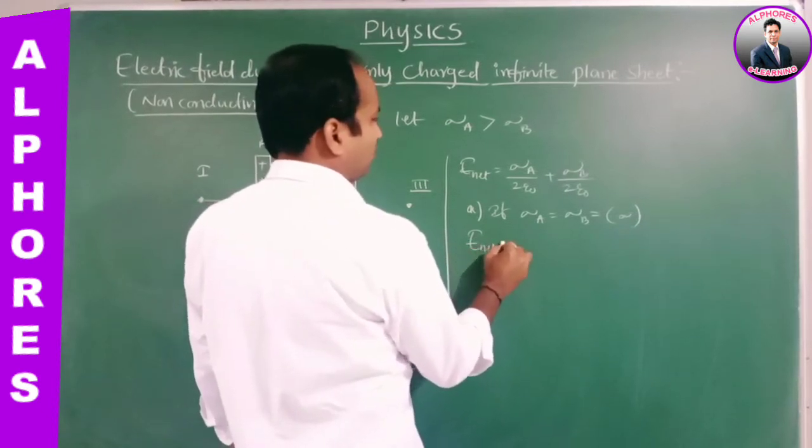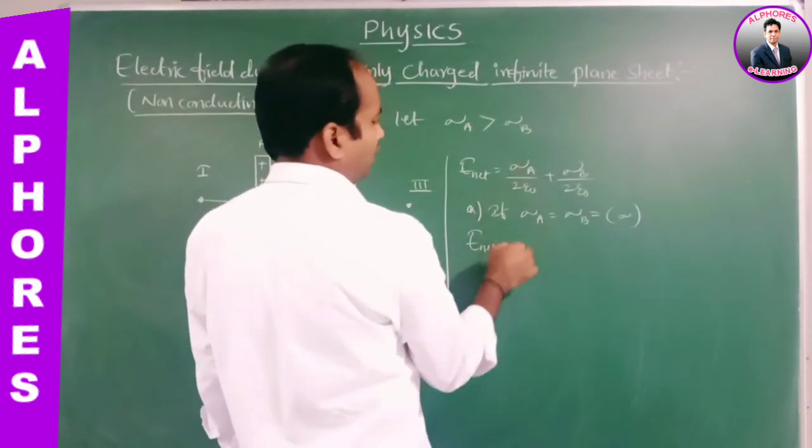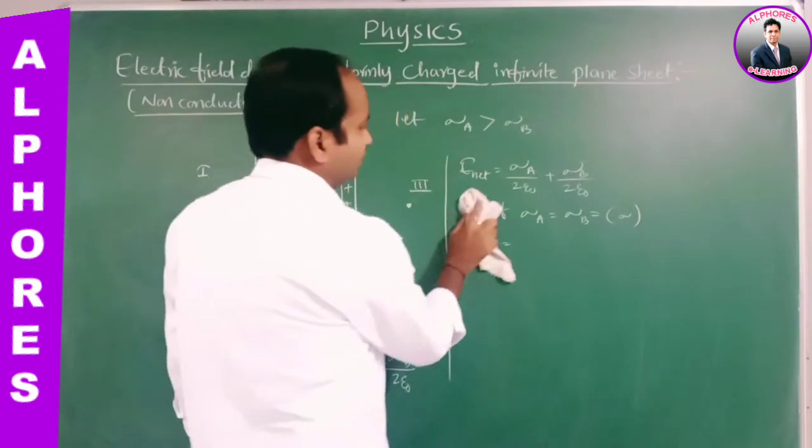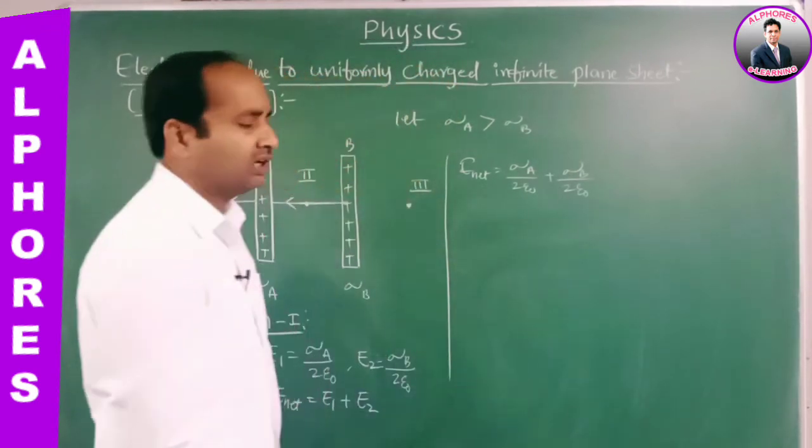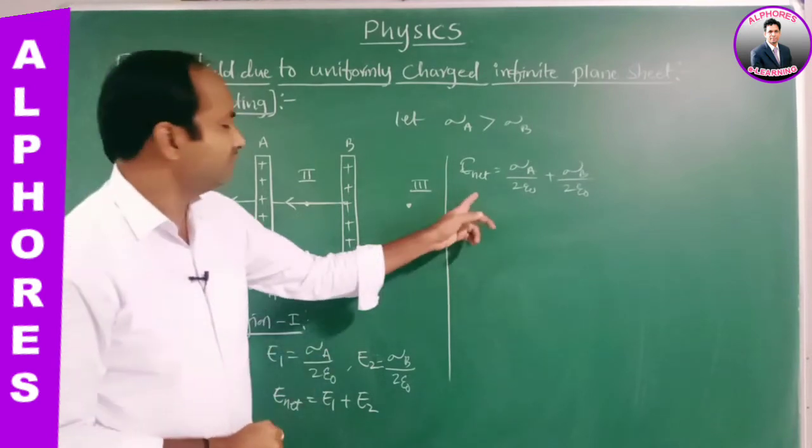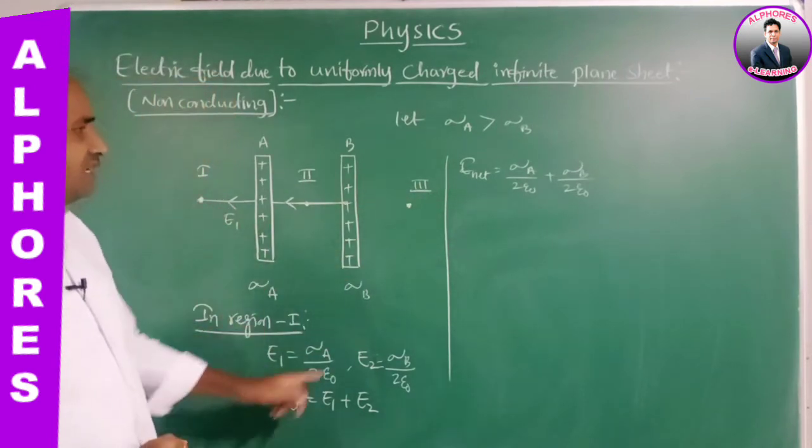Later on we will substitute and write the final value. This is about the intensity of electric field in region 1.